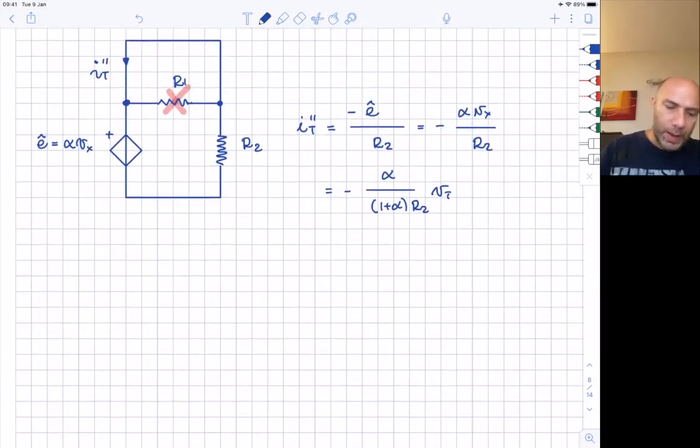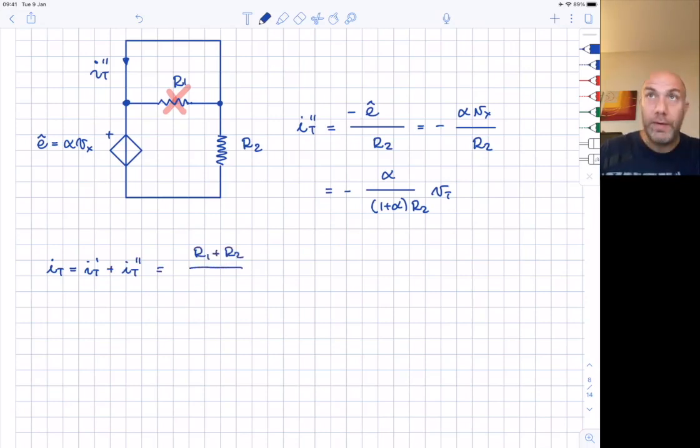We can now sum up the two contributions to get the current IT, which is IT prime plus IT double prime. IT prime is R1 plus R2 divided by R1 R2 Vt, and the second contribution is minus alpha divided by 1 plus alpha R2 Vt.